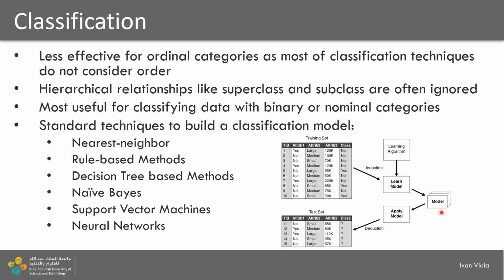At that point, we can have any other data entry coming in, to be evaluated by that model. The model will be applied, and by a process of deduction, we will determine the classes of our test set.